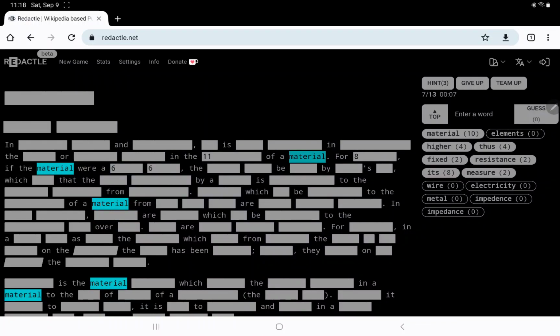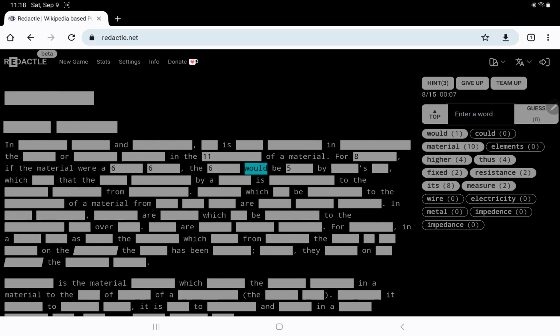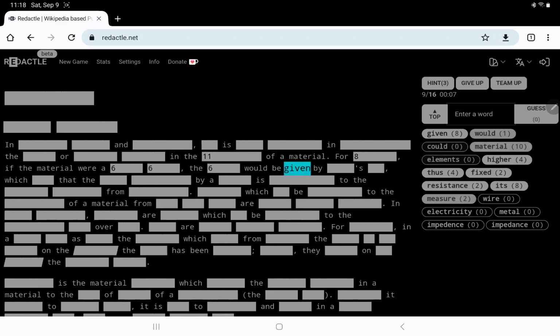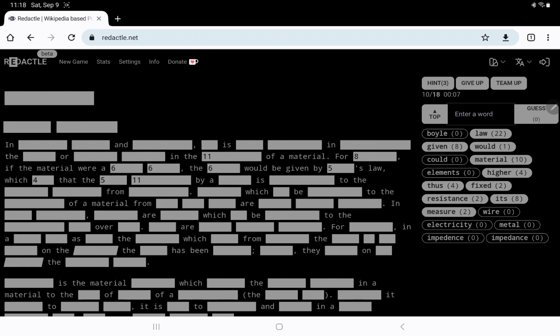For instance, if the material were a 6, the 6 could be given by 5's, somebody's law. Is it Boyle's law?